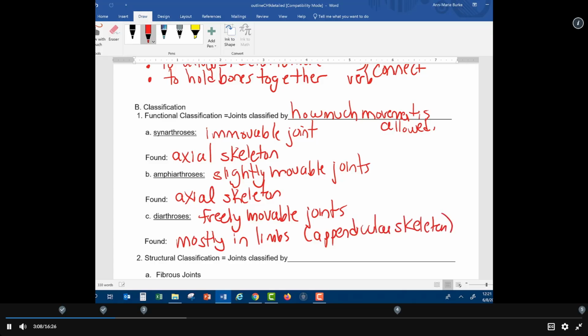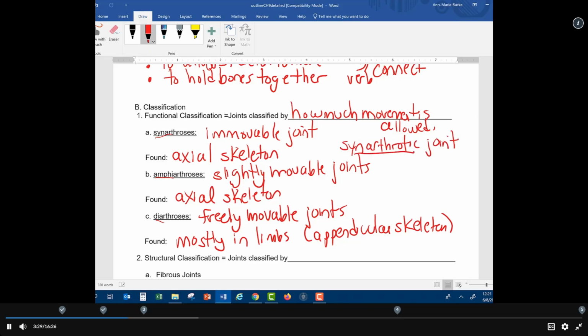Now, a couple of things about these categories. Synarthroses, amphiarthroses, diarthroses, these are nouns. However, you can use them as an adjective. So if you wanted to describe a joint that belongs to this category, you can say it is a synarthrotic joint.